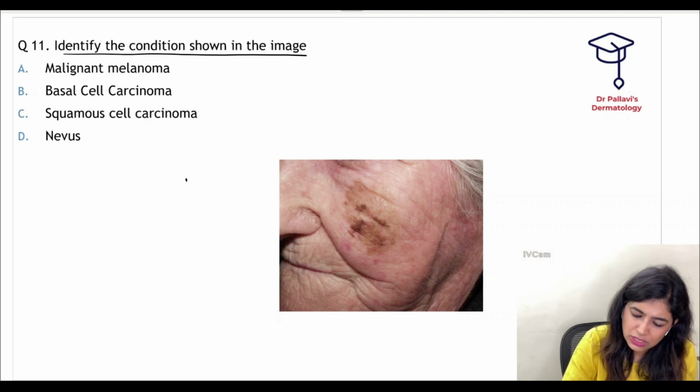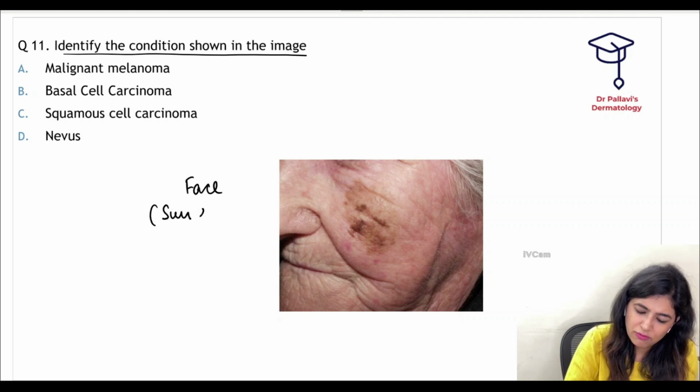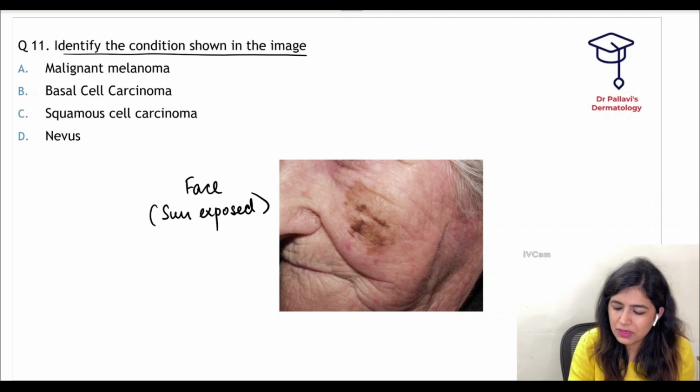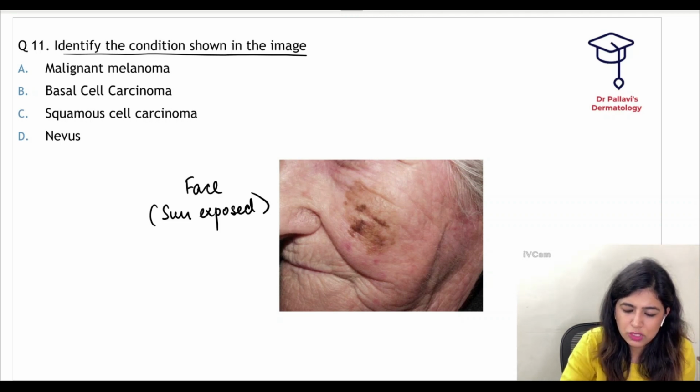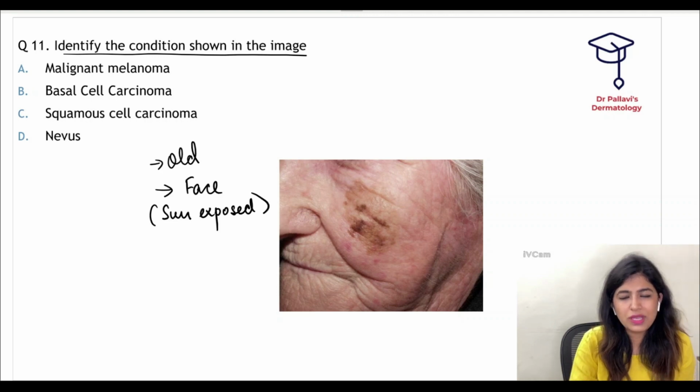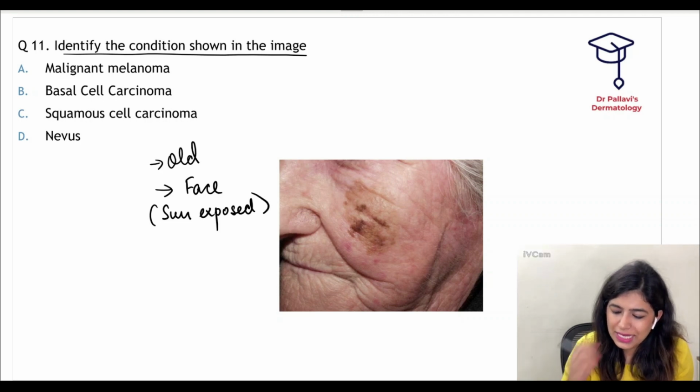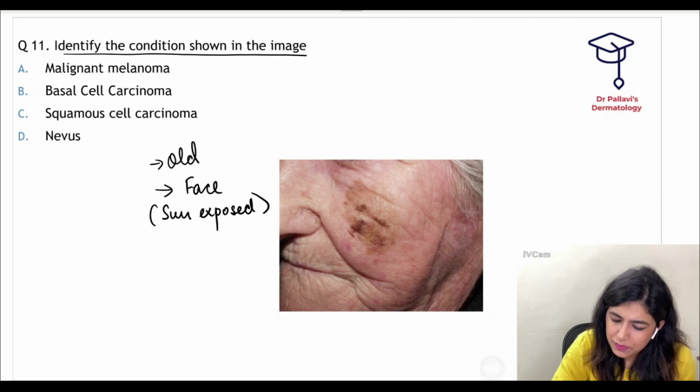See, the lesion is present on the face of this patient, which is a sun exposed area. And if you look at the photo of the patient, this seems to be an old person. So an old person with a lesion on the face, it is a pigmented lesion. This has an irregular boundary.